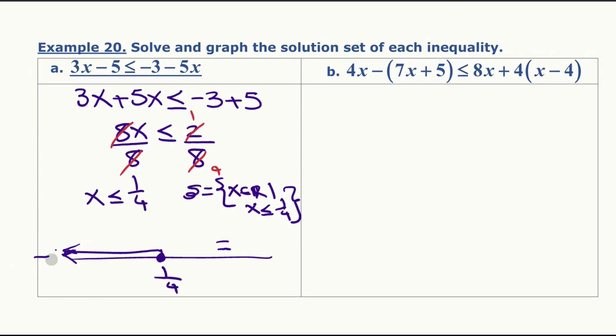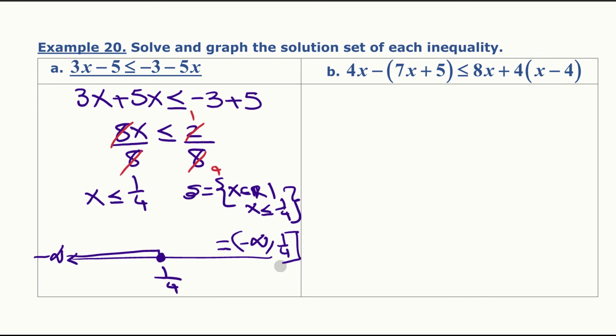So in other words, this one is beginning at negative infinity. So we say parenthesis negative infinity comma 1/4, and we're including 1/4, so we will use a bracket just like that. Okay, so very, very simple.